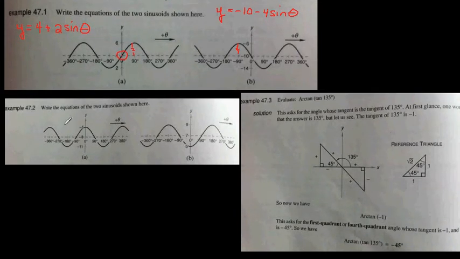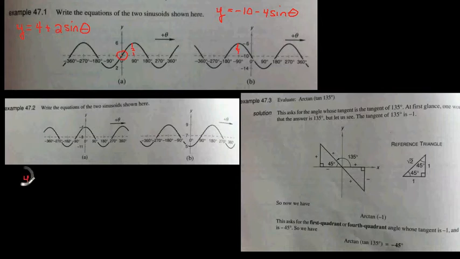Alright, let's go down to these. These are kind of small. You can see these are cosine curves because at the 0 mark it goes up and it's not right at where the lines intersect. So let's try this first one. We can see it's a cosine curve. The center line is at negative 8.